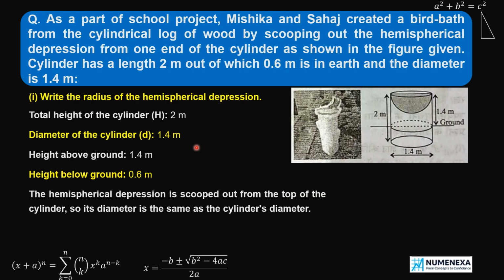Therefore, the radius will be half of the diameter, and simply we can say since radius is equal to diameter by 2, so 1.4 by 2, which is equal to 0.7 meter. Therefore, the radius of the hemispherical depression is equal to 0.7 meter.